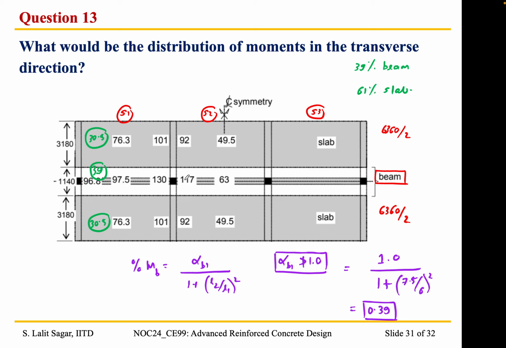Okay, so once we find out the longitudinal moment, based on the proportions of the moment resistance, we are going to distribute the moment in the transverse direction as per this rule, and we are going to design the slab and the beam accordingly.